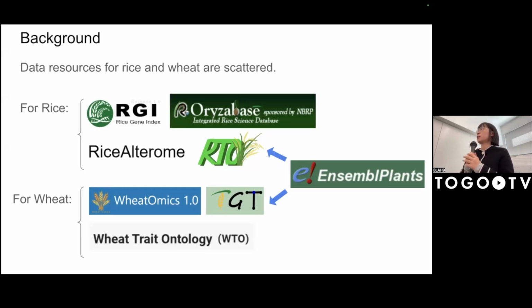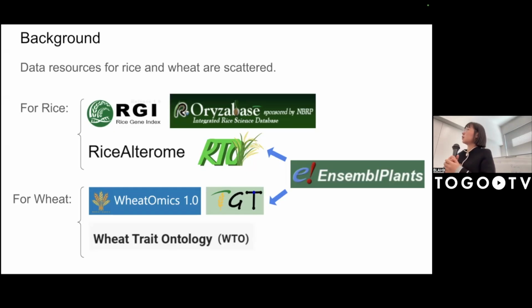focus. For example, the RGI is especially for rice genes. It has information about the rice, like the type of the rice, and for each gene they have their accessions and their assembly information.